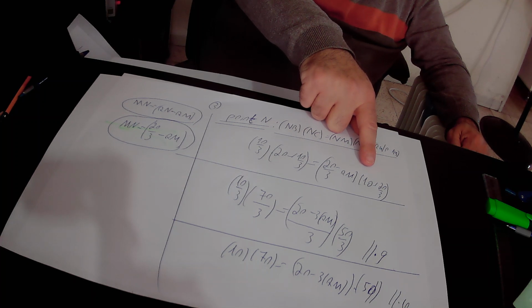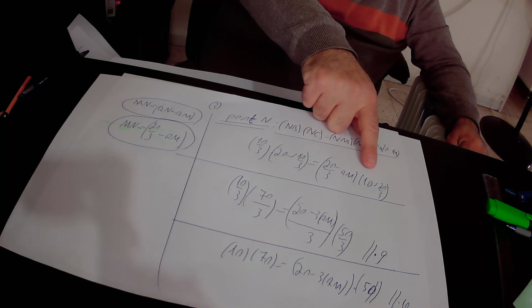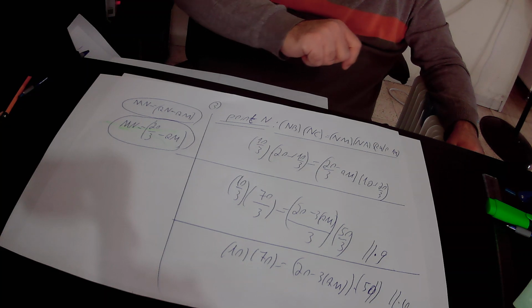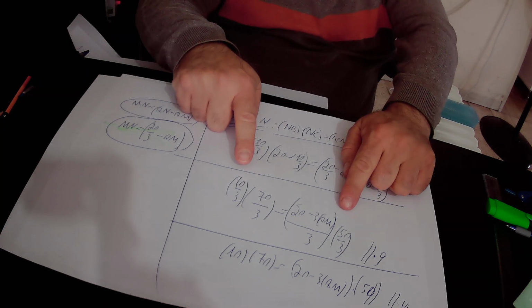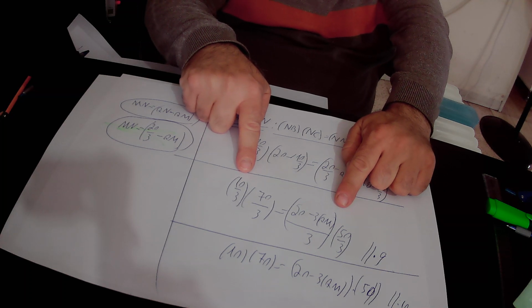So we multiplied 10 by 3 and then we divided by 3 in order to work on a factor with 20 over 3. 10 times 3 is 30 and 30 plus 20 is 50, so in the numerator we have 50 divided by 3. So on both sides of the equation, in the denominator we have 3 times 3, that is 9.